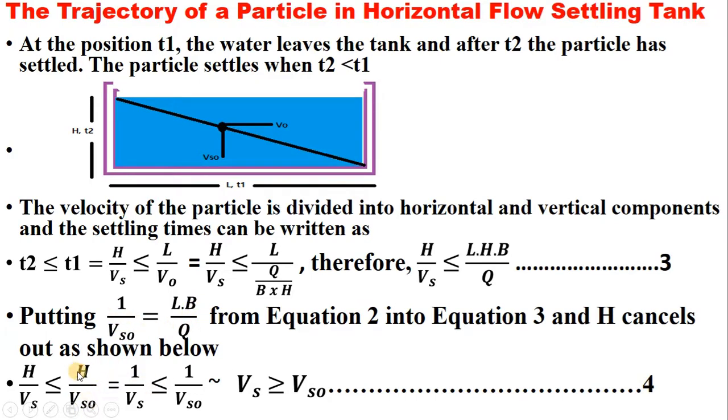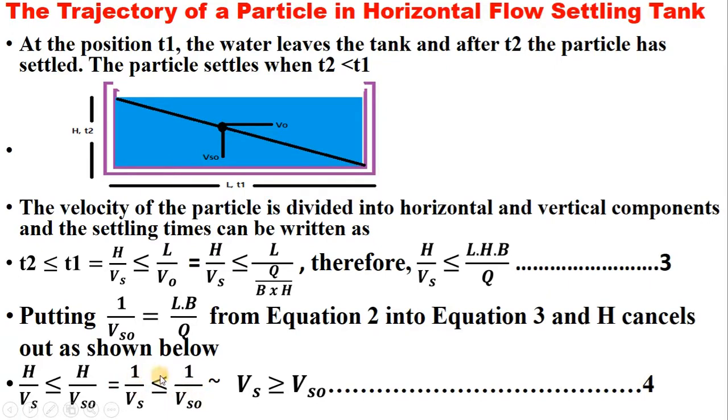So that is why we are now having this here, putting 1 over Vs naught to be equal to this, which is this here. So all these are equal to 1, because this H will cancel this H. When they cancel out, we'll now have 1 over Vs is less than or equal to 1 over Vs naught.